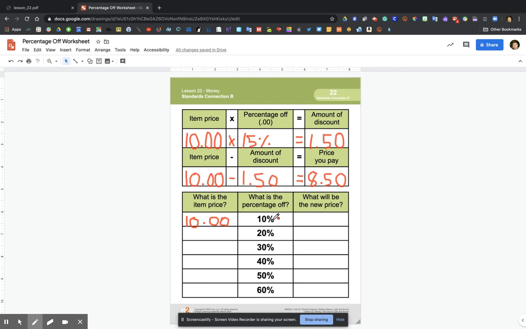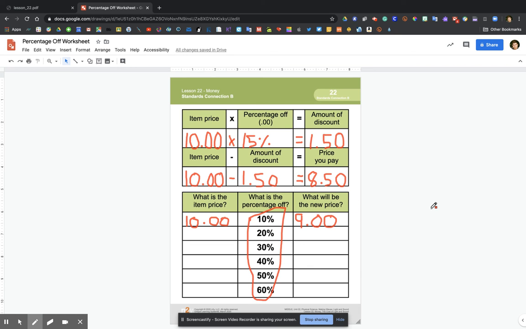So the percentage off is going to be $1. So 10 minus $1 would be $9. And then you would repeat that process for all of these percentages right here.